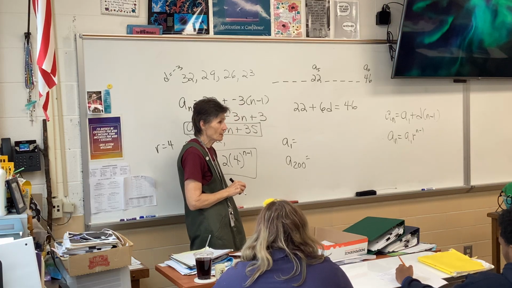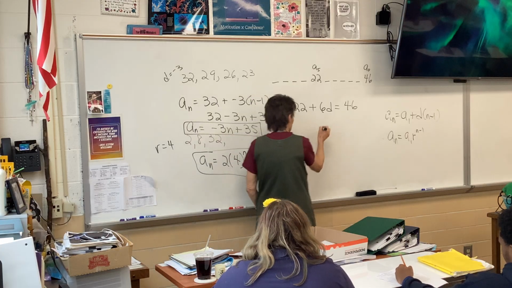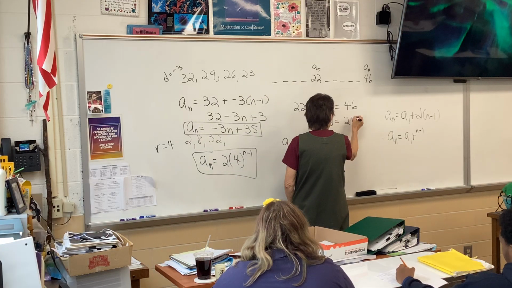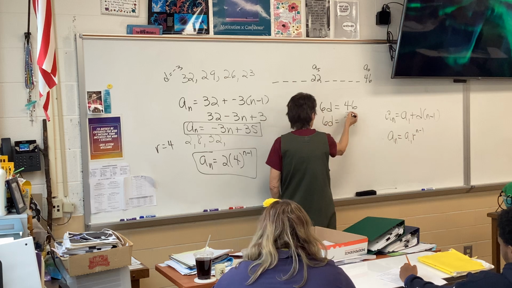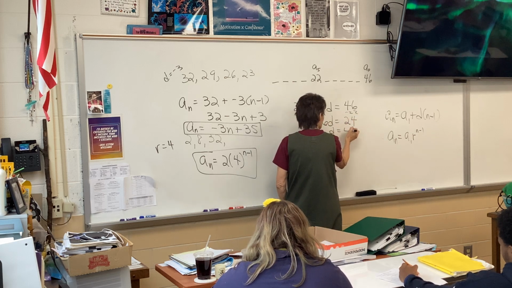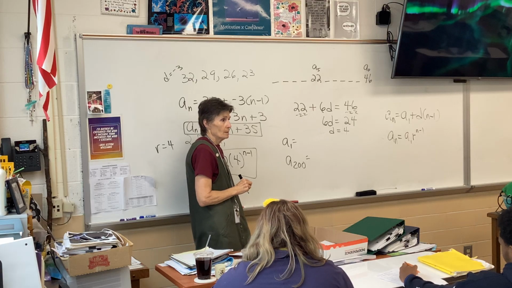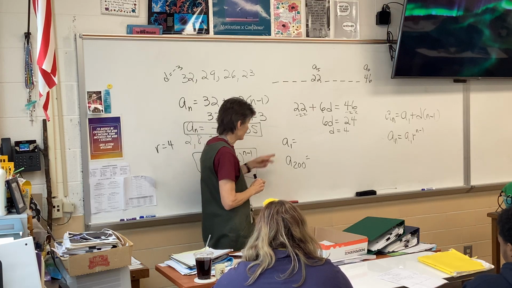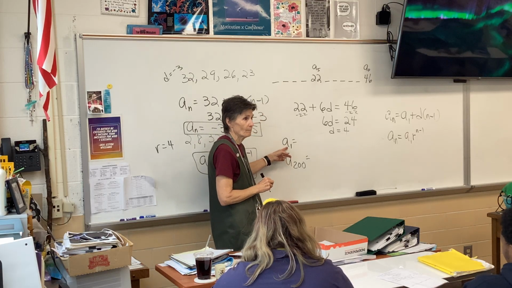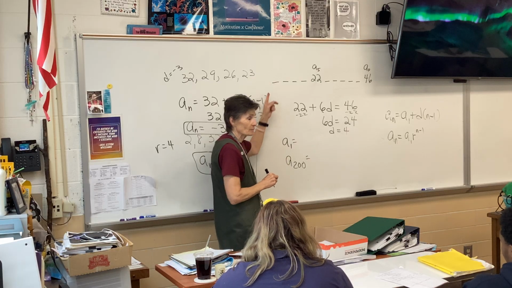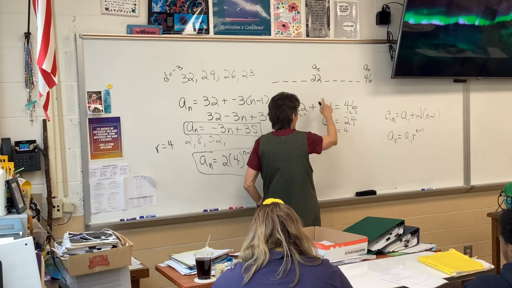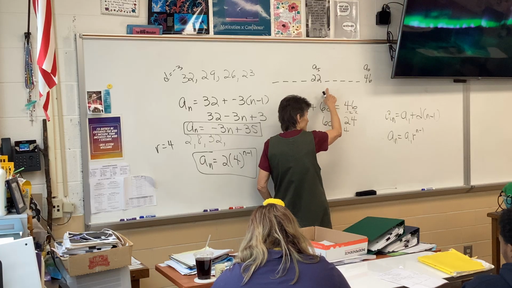Would you agree with that logic? So 6D equals 24, and it looks like my D is 4. Now, I need the first term. Where's the first term? Back here. When D is 4, that means I'm adding 4.